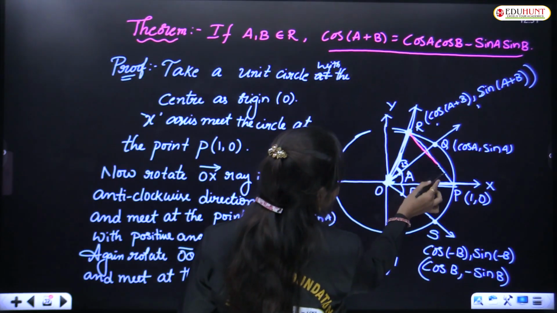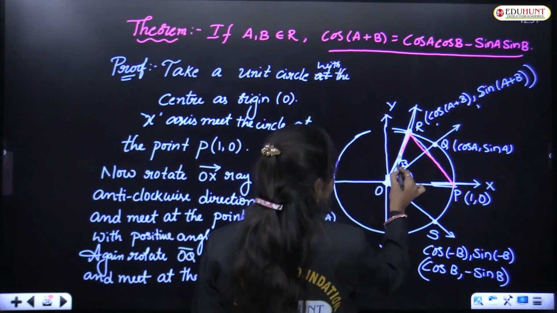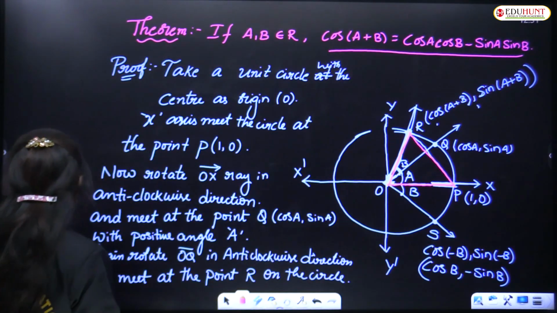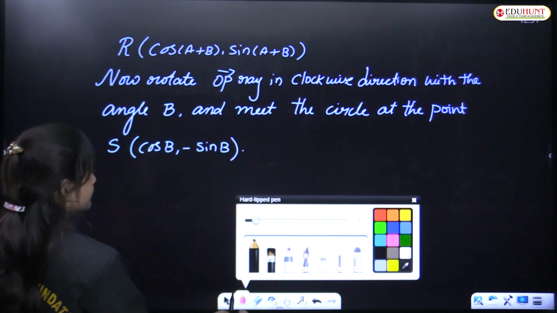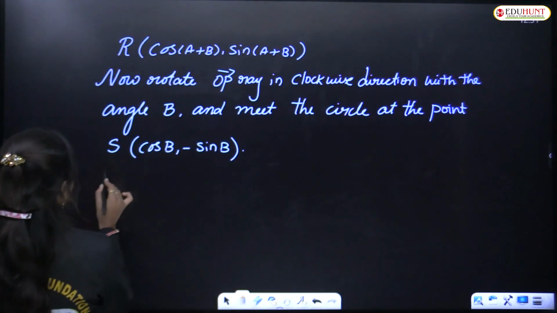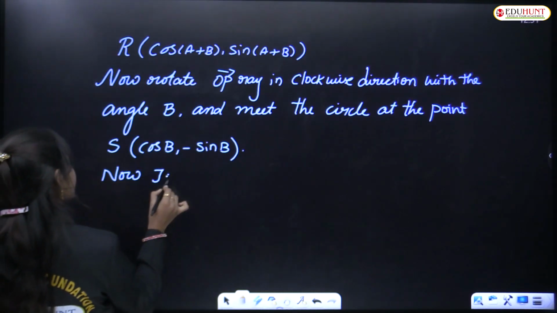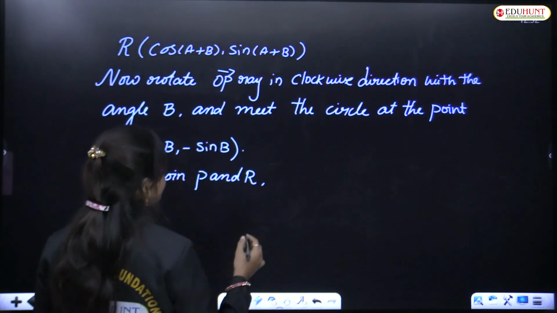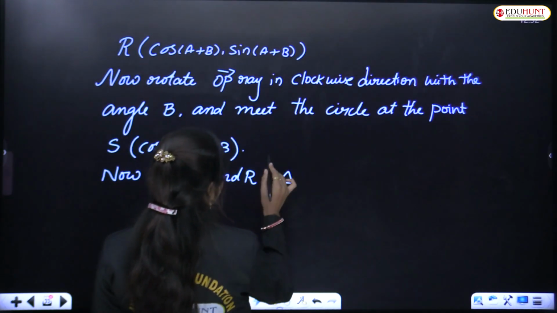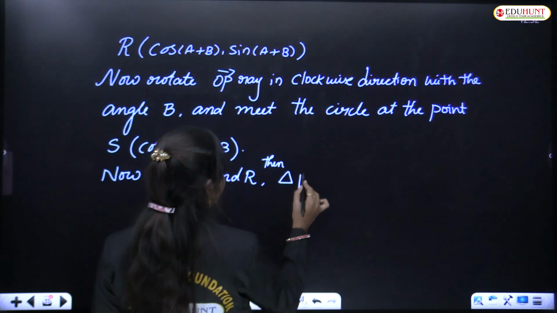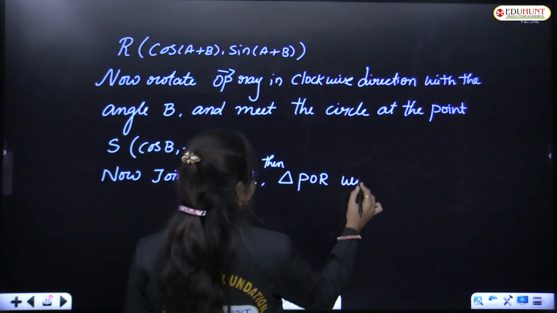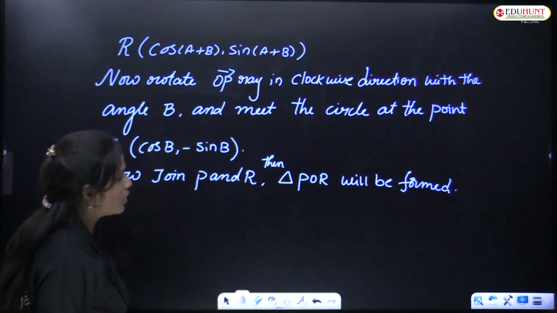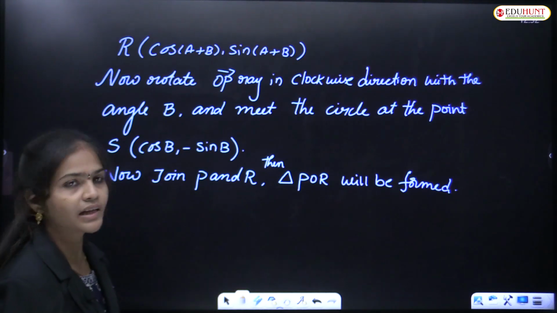Join R and P. Now join P and R, then triangle POR will be formed.